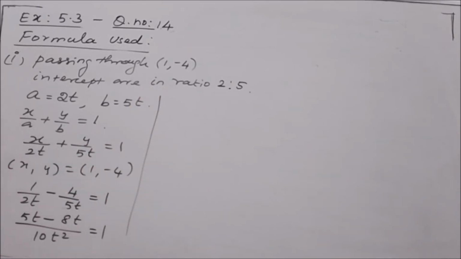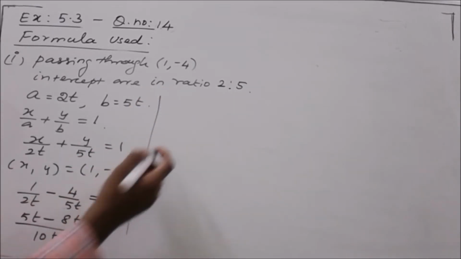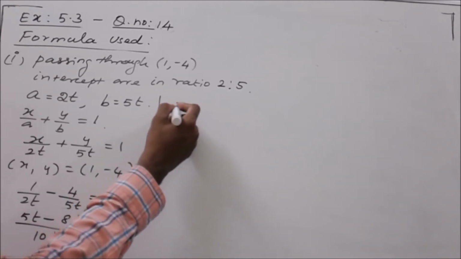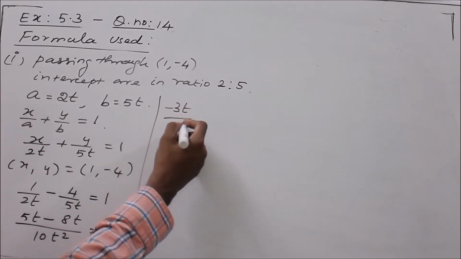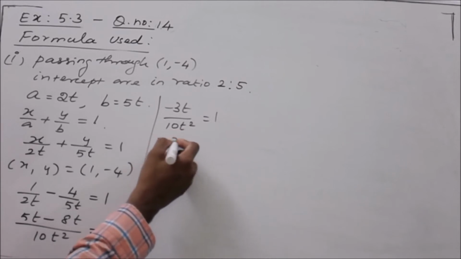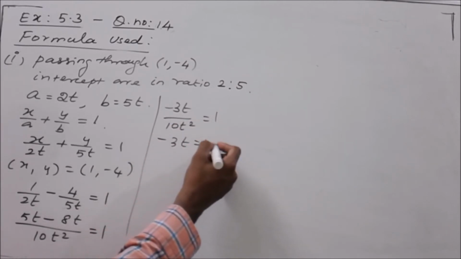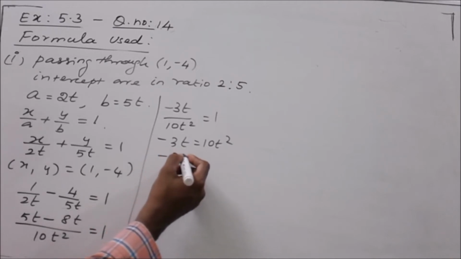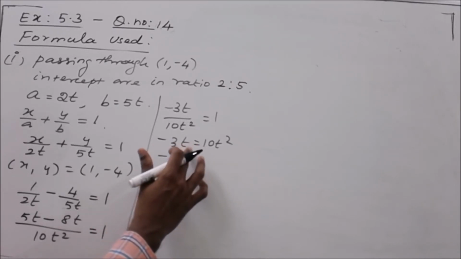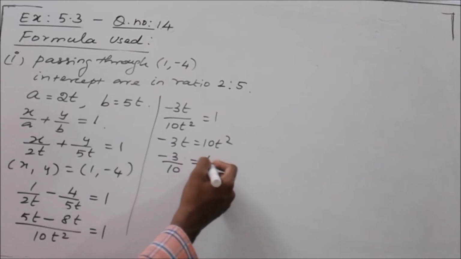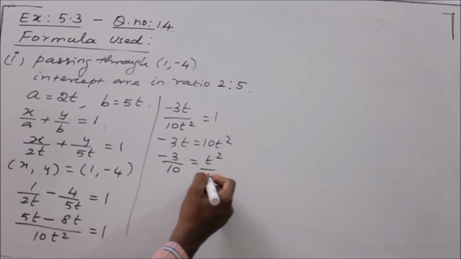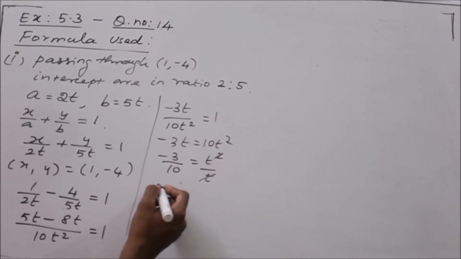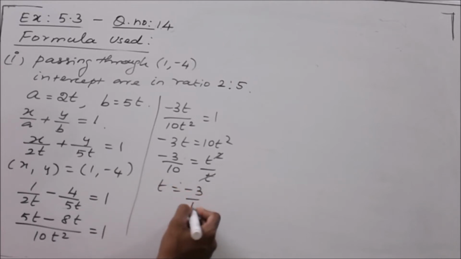Now simplifying, we have minus 3t by 10t square equal to 1, minus 3t equal to 10t square. Now minus 3 by 10 equal to t square by t, that is equal to t. So t equal to minus 3 by 10.